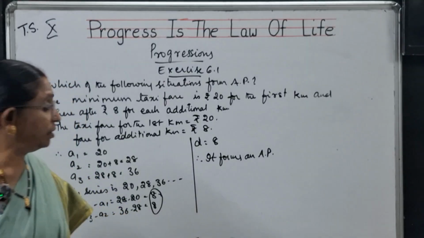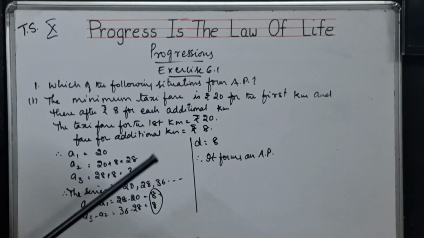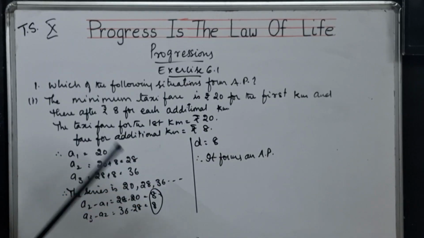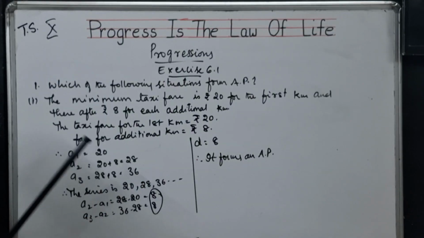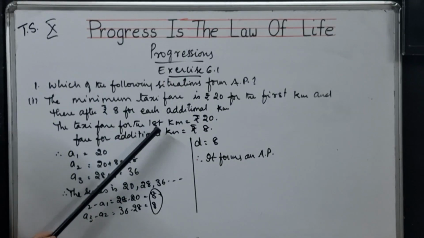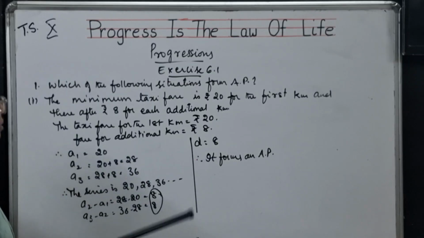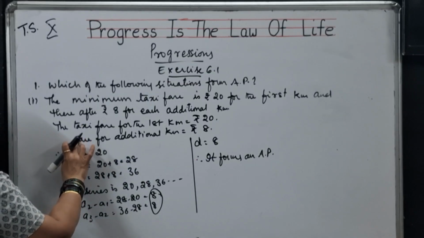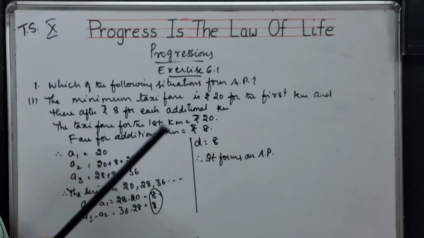So please understand this problem. The minimum taxi fare is 20 rupees for the first kilometer, and thereafter 8 rupees for each additional kilometer. So taxi fare for the first kilometer is 20, and fare for additional kilometer, let me write here, otherwise F capital, is 8 rupees.